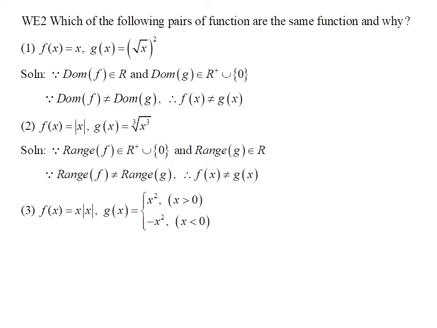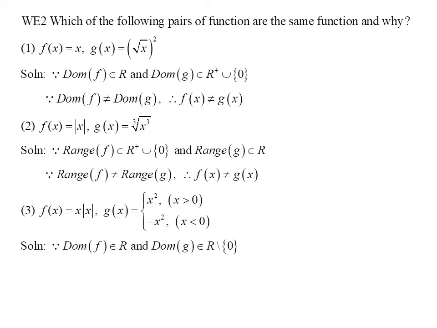For question 3, f(x) equals x multiplies its modulus, while g(x) is presented in a piecewise function form. g(x) equals x squared when x is greater than 0, and g(x) equals negative x squared when x is less than 0.